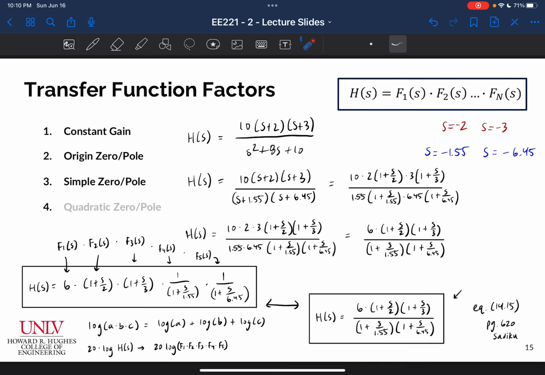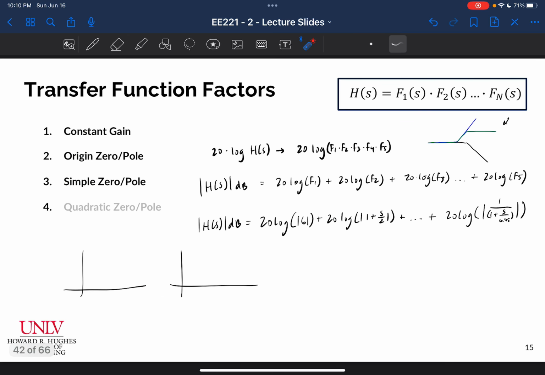Okay, so this is very powerful. I'm going to end this video here, and from this point forward, we're going to look at each one of these terms and see what that term's magnitude and phase look like, so that when we plot these transfer functions' Bode plots, we can predict the behavior of what it's going to look like.